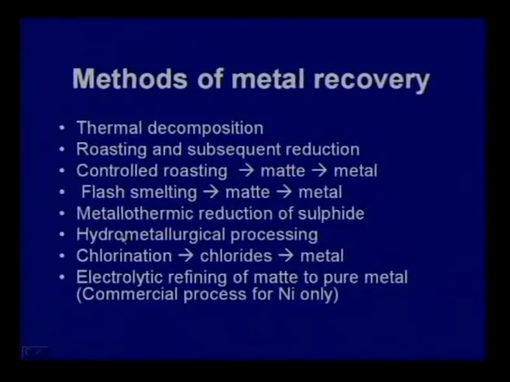There can be hydrometallurgical processing of sulphide. A sulphide can be chlorinated, changed into a chloride, from which the metal can be extracted by electrolysis or by a metallothermic reduction. Finally, there is also a process, in some cases matte, which is a mixture of sulphides, can be refined to produce pure metal by an electrolytic process. The commercial process is for nickel only.